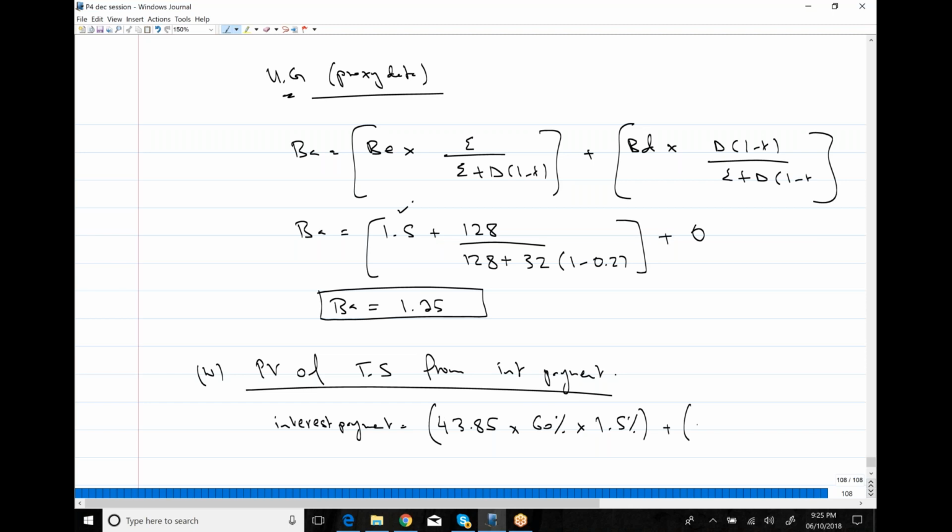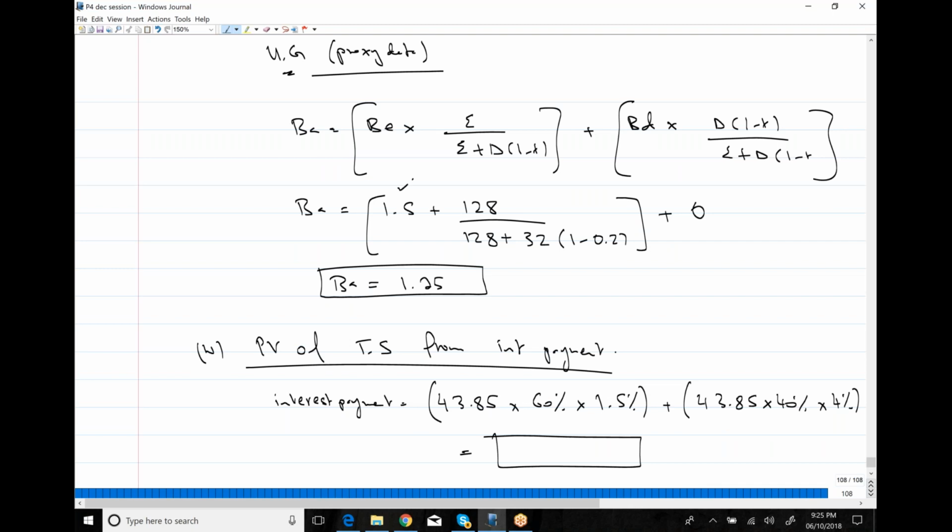And on the remaining 40% of the loan, I will pay my normal borrowing rate, which is 4%. That is around 1.09.